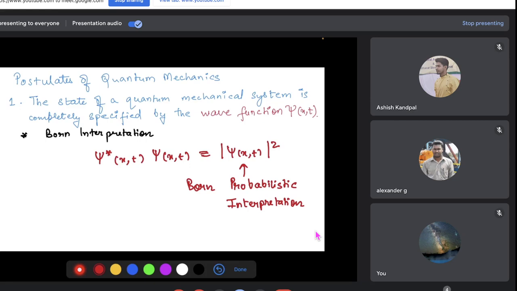This will give me the answer to my question: the probability of finding the system at a particular value of x and a particular value of time t.